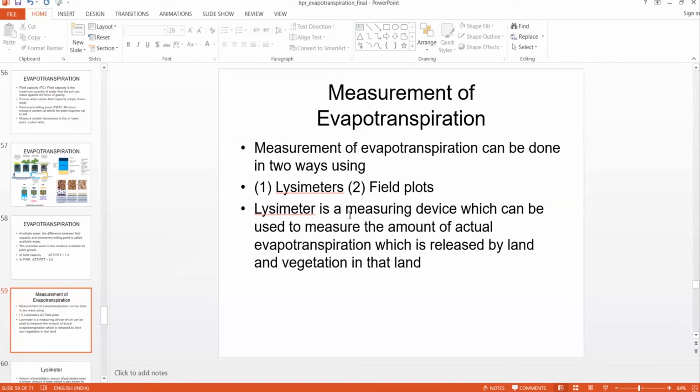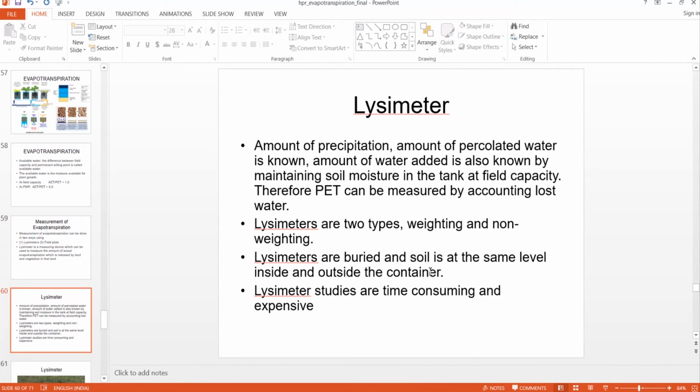A lysimeter is a measuring device which can be used to measure the amount of actual evapotranspiration released by land and vegetation in the land. Of course, it can also measure PET at field capacity.